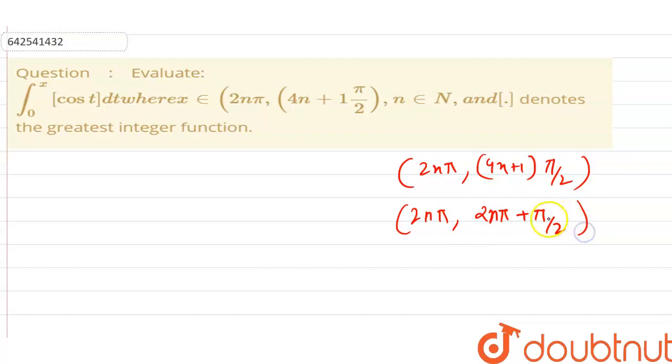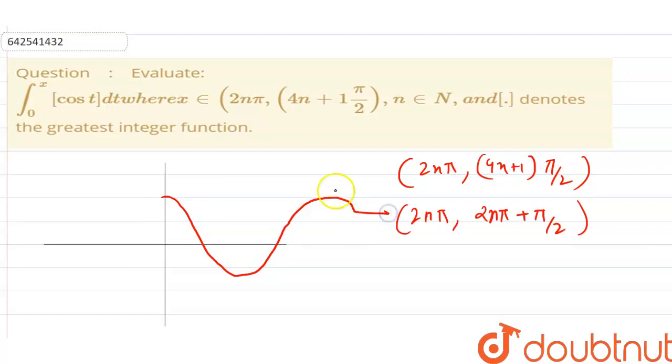So guys, in our diagram, the cos function is something like this curve.